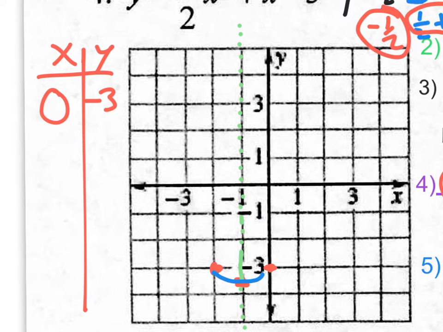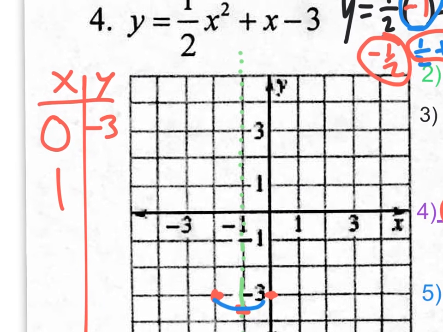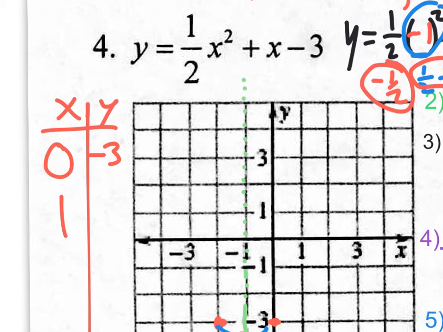Now, if I do decide to plug in 1, and then I look at my equation, okay, 1 squared, that's 1, yeah? And 1 times half. What's 1 times half? 1/2. And what's 1/2 plus 1? 1 and 1/2. And what's 1 and 1/2? 1.5 minus 3. That's like saying $1.50 minus 3.